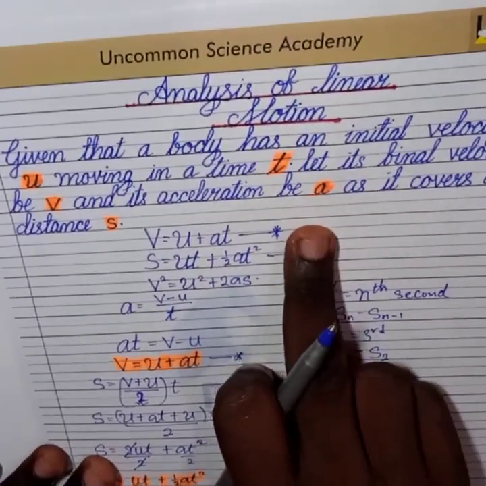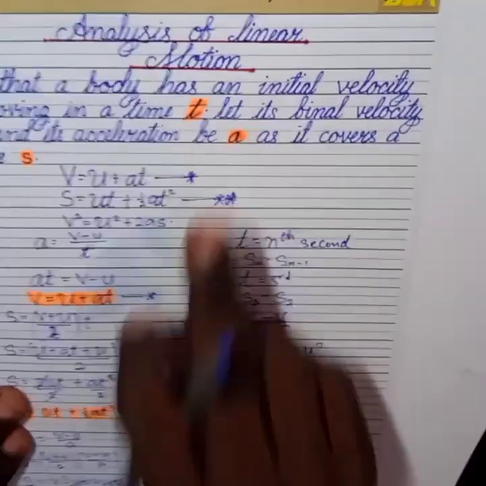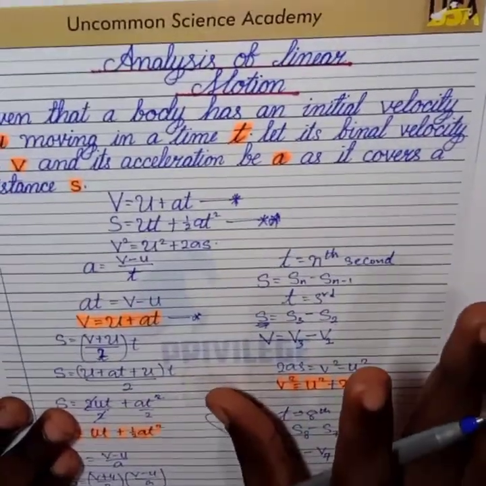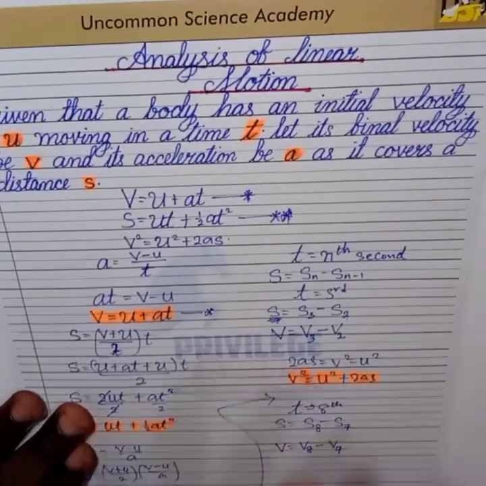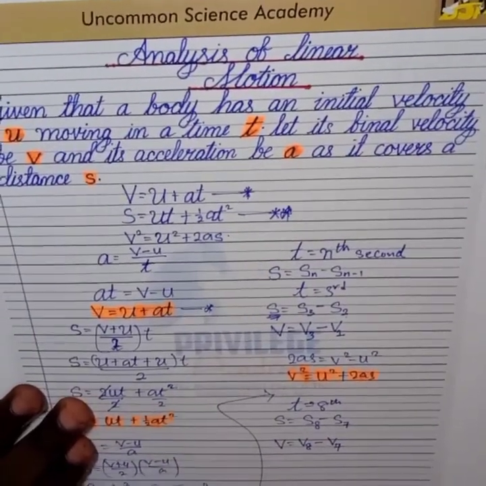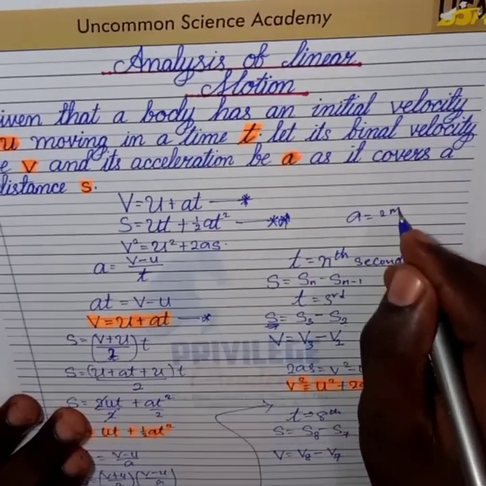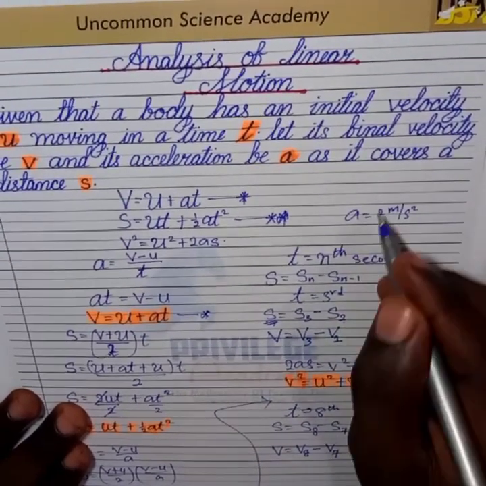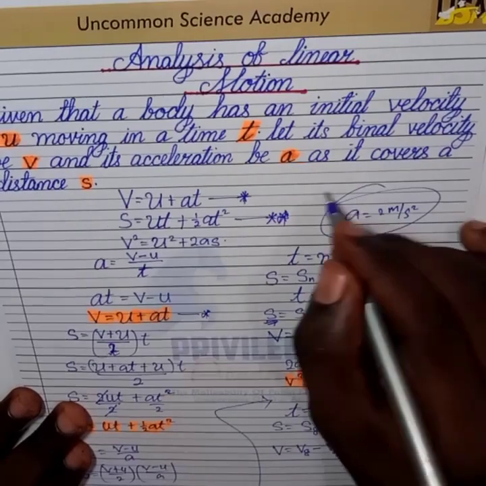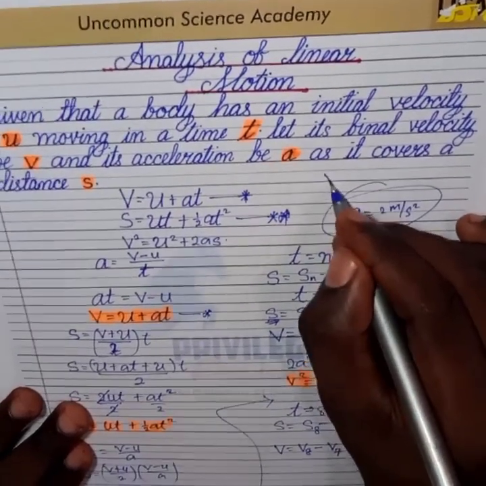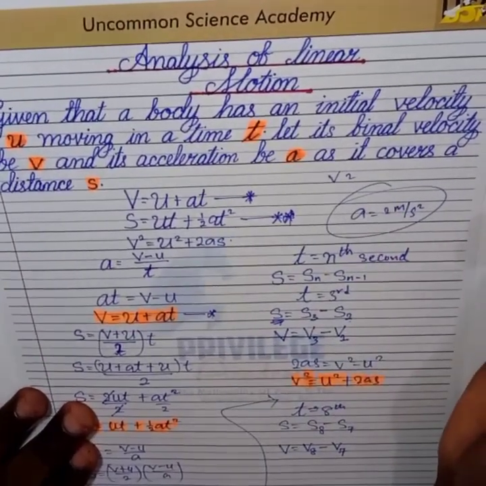Then you have your acceleration. Acceleration is the increase in velocity, the rate at which velocity increases. For instance, if I have my acceleration to be 2 meters per second squared, this simply means that for every second, the velocity is increasing by 2.